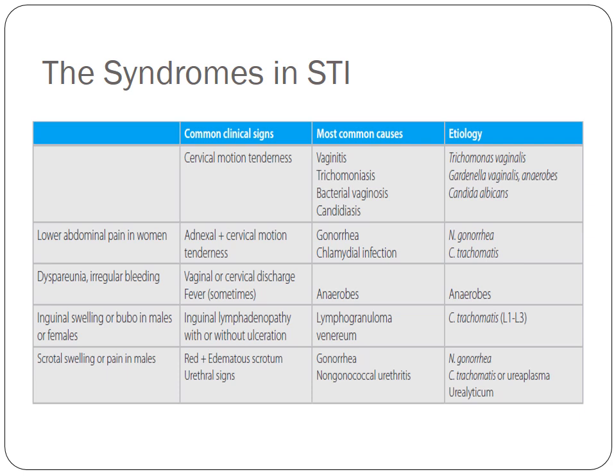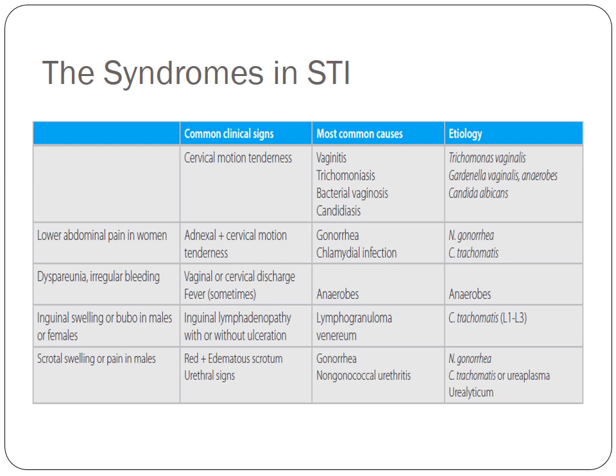Patients also show the symptom of irregular bleeding, and it can be present with clinical signs of vaginal or cervical discharge or sometimes fever, and that is caused by anaerobes.